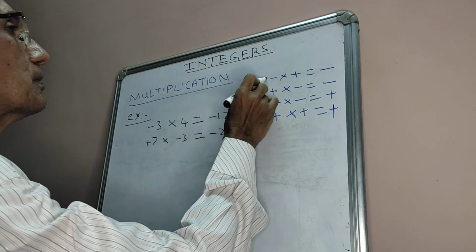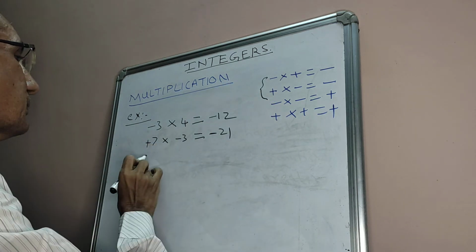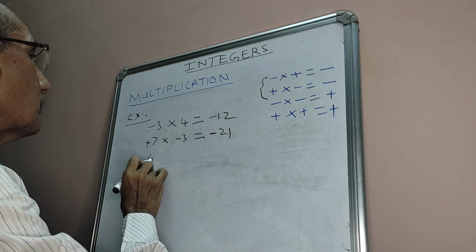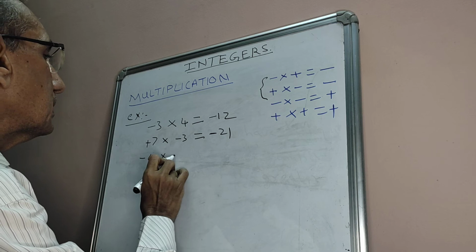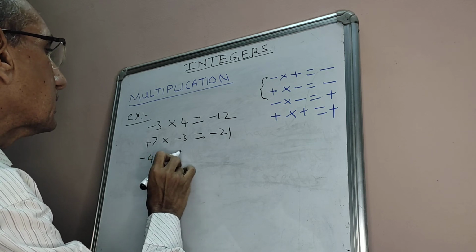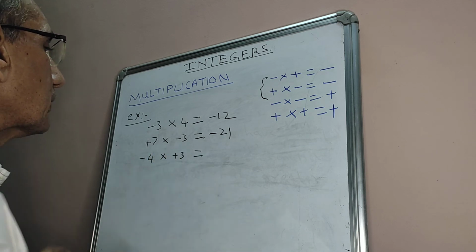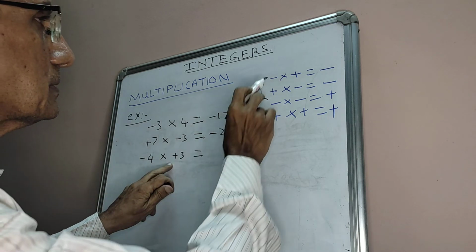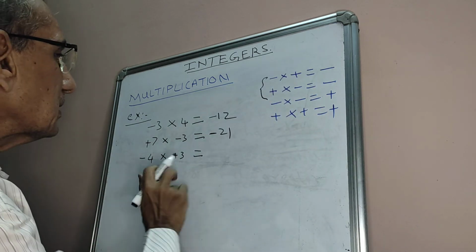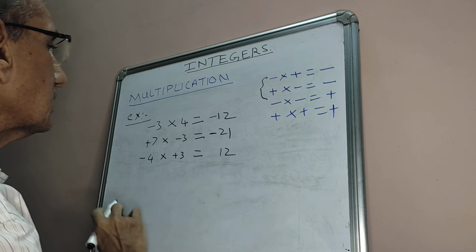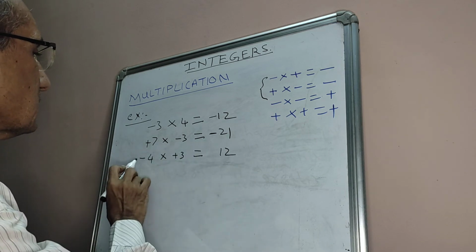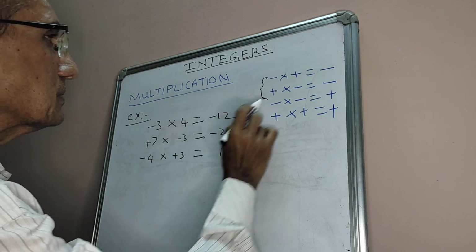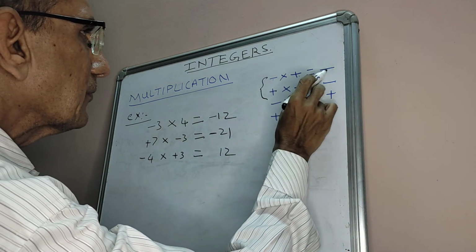I'll give you one more example. Suppose you take minus 4 into plus 3. What do you get? Minus into plus is minus, and 4 threes are 12. We multiply the numbers as they are, 12, and for the sign, minus into plus is minus.